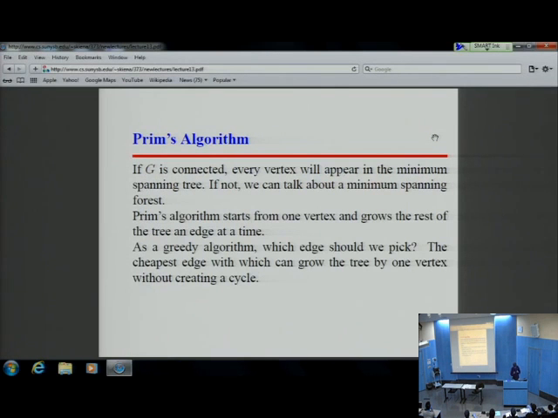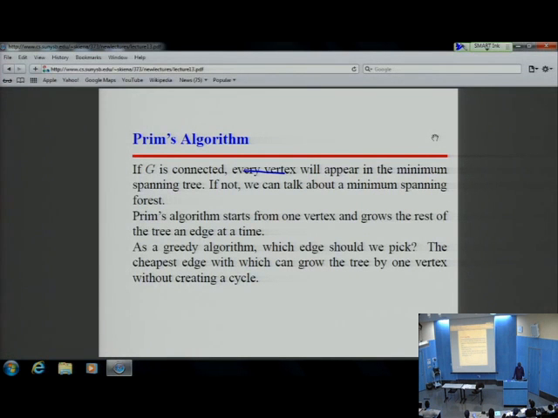Before we go today, let me just describe to you the first algorithm to find minimum spanning trees. It's called Prim's algorithm. We know that in a minimum spanning tree, the tree is going to be connected, and every vertex will appear.